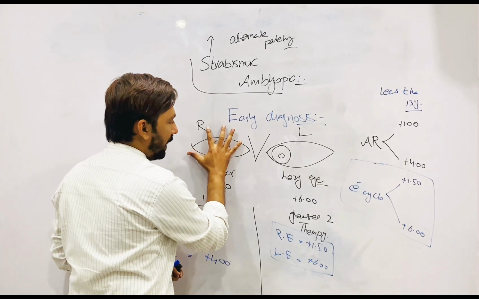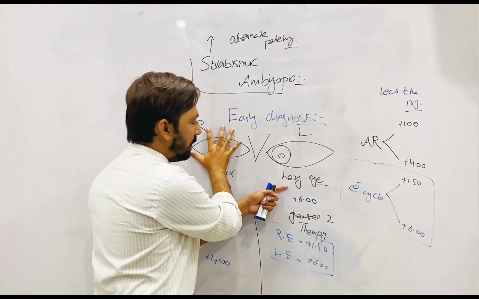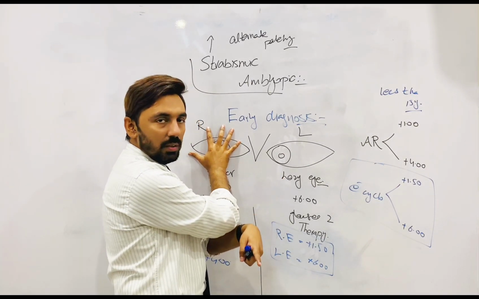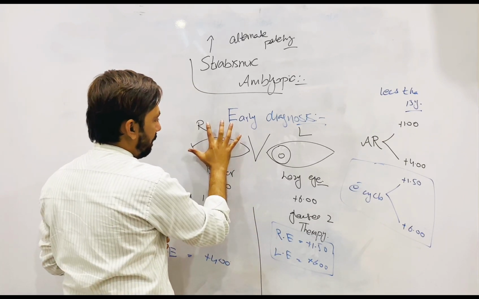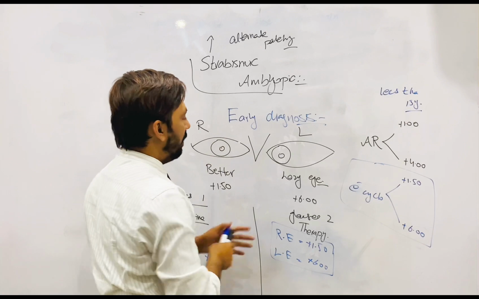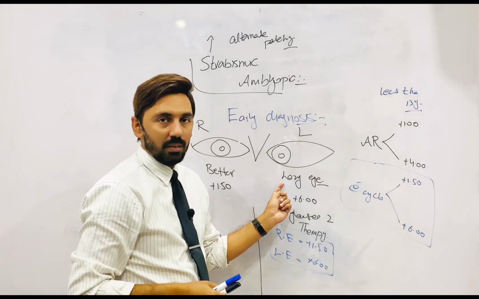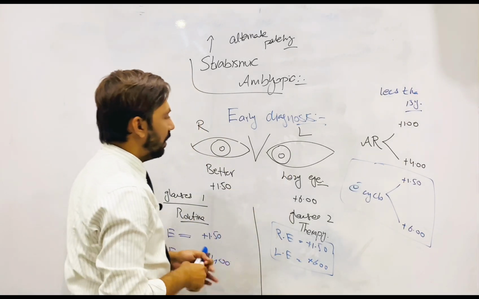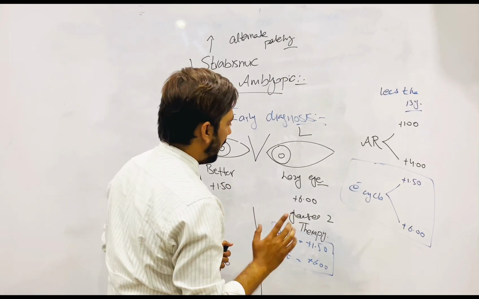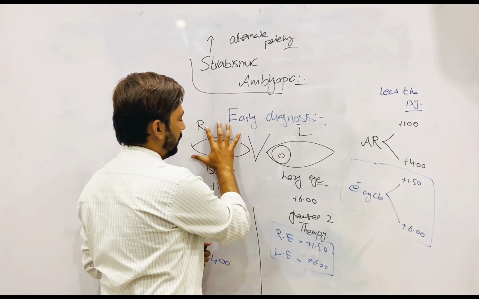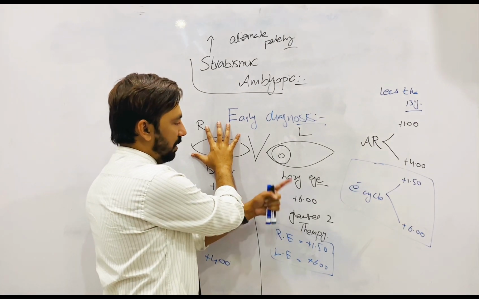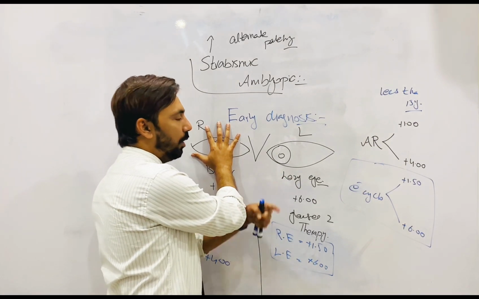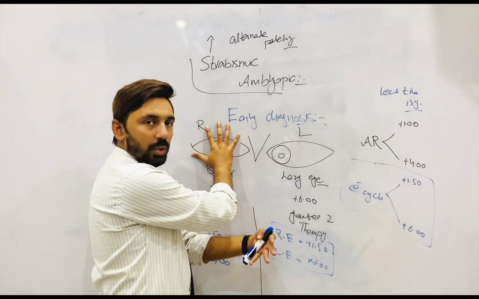We will patch the better eye and insist the lazy eye to see, and make the patient see with the lazy eye, right? Keep in mind one thing: when we patch this eye, that eye will fixate, and that fixation will lead towards better visual acuity.